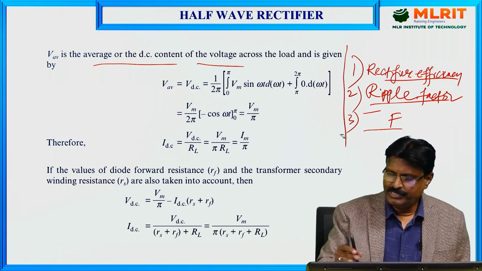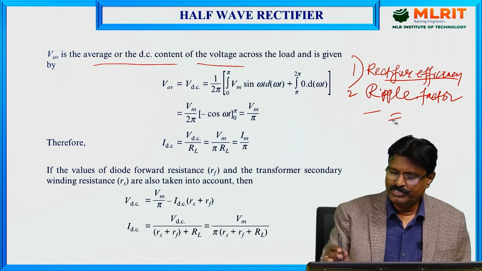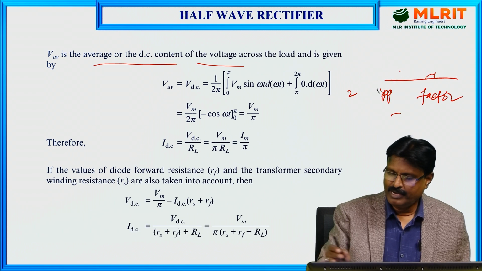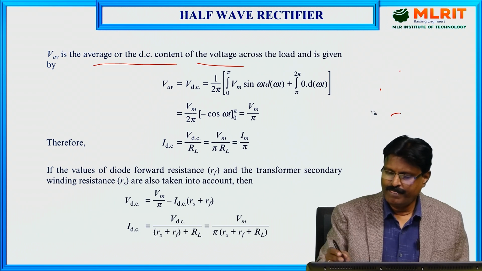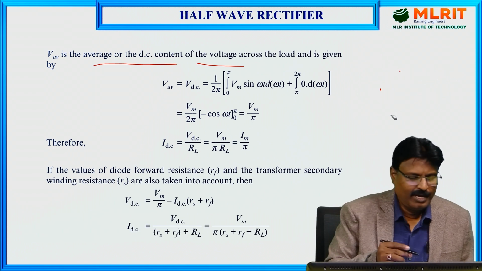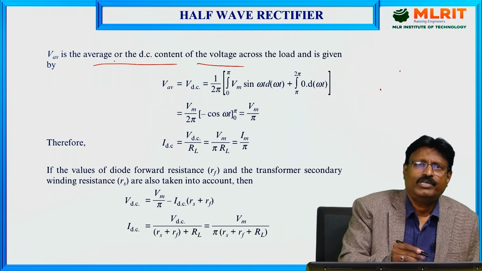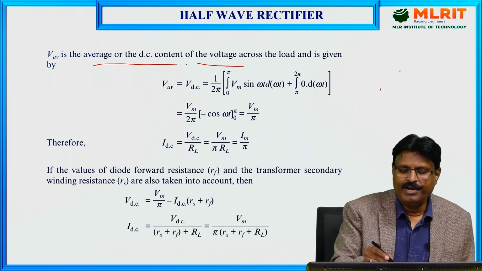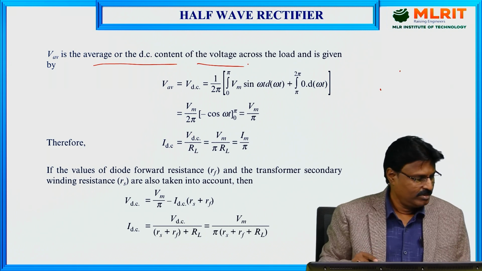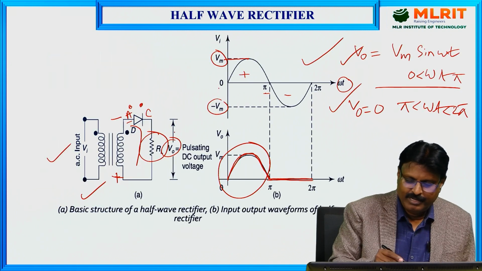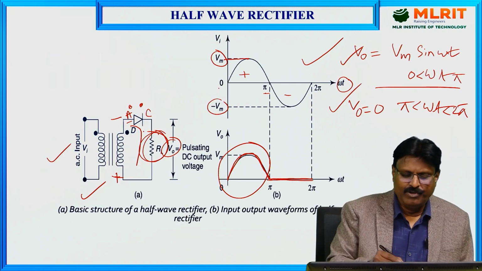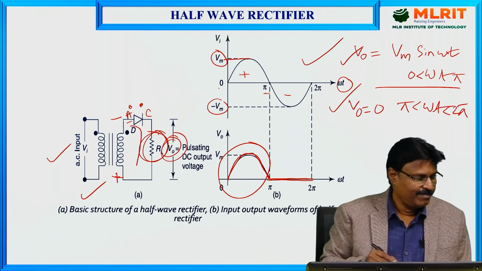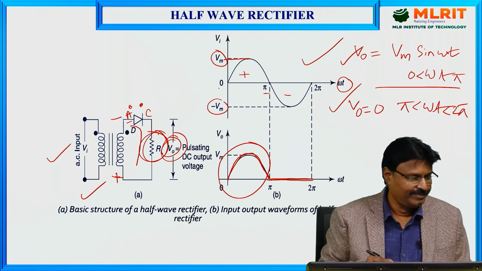So for that, you need to know the formulas related with the calculation. First, I need to calculate the average or DC content of voltage across the load. As you can see here, the load is RL. I need to calculate this output voltage, which is a DC voltage.